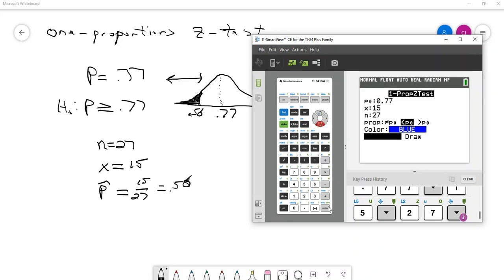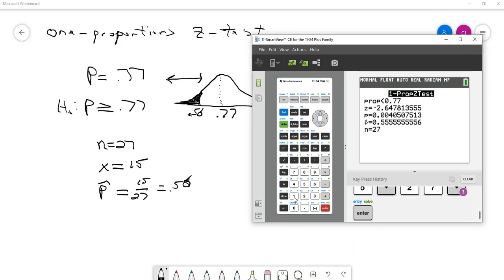All right, calculate. And we got our hypothesis test value. So the Z test. Now, why is it not a T? Well, the calculator is a little inconsistent, but the reality of it is they would expect the proportions test to be much larger than this because of the possibility of error.